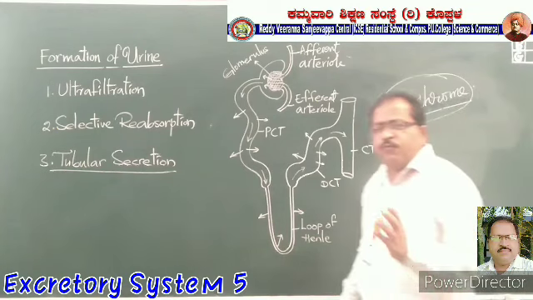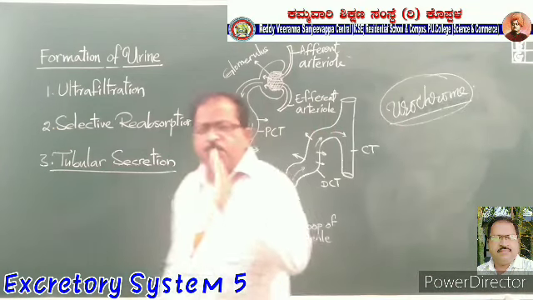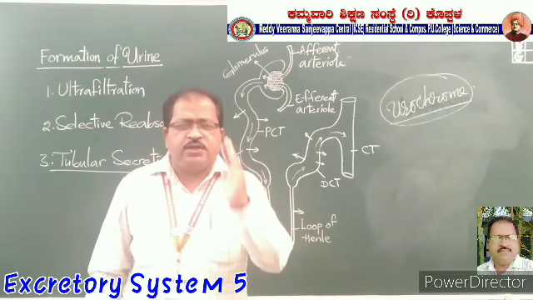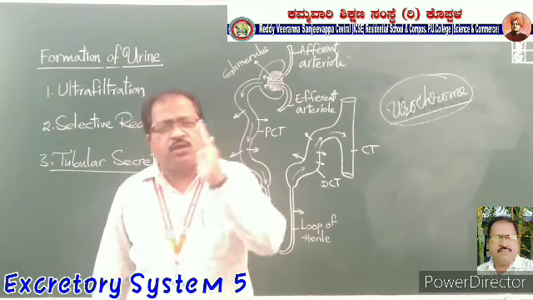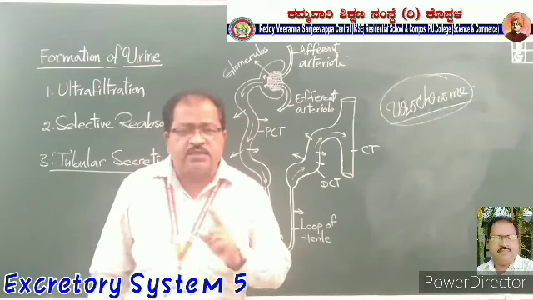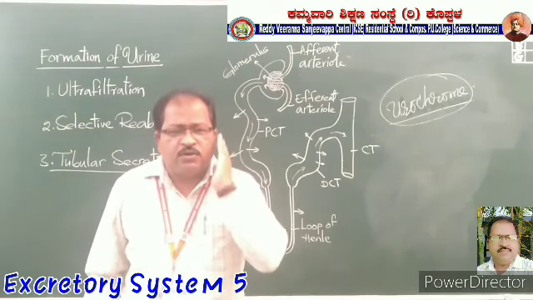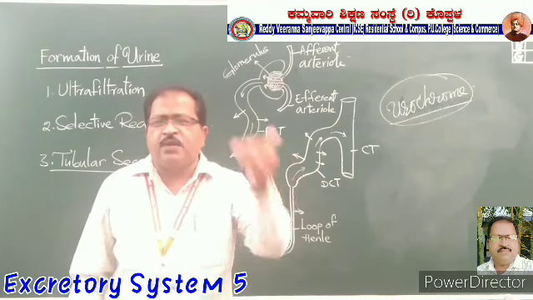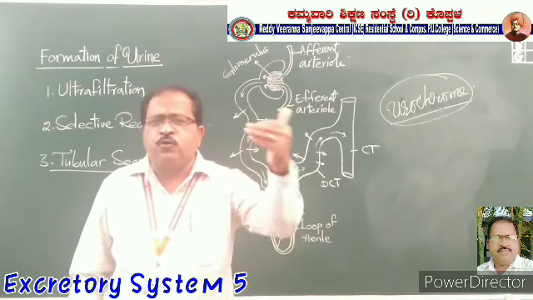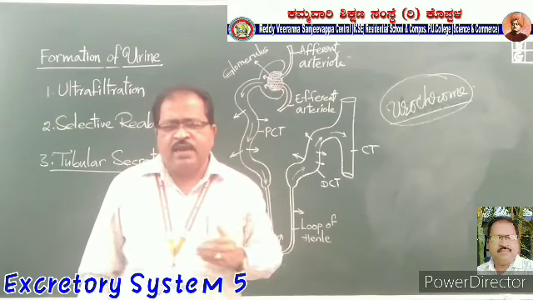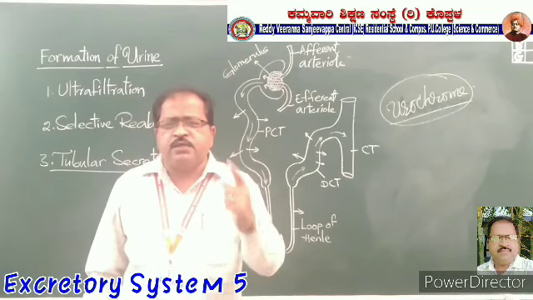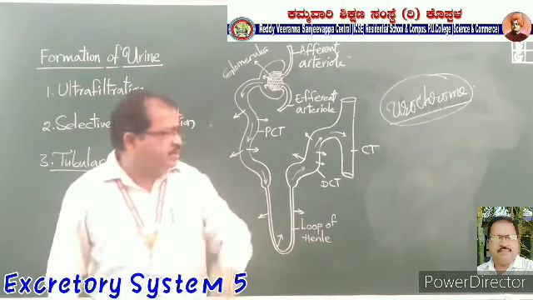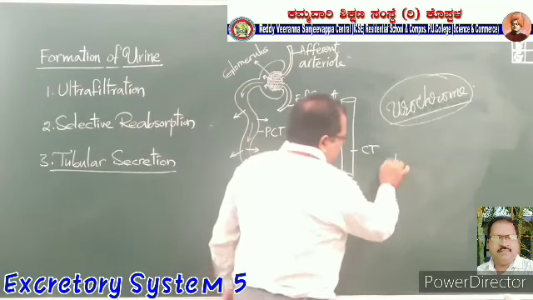But when bile pigments are mixed in, the urine color will be dark yellow, because bile pigments are dark yellow. When they are mixed with urine, the color changes from light to dark. In that condition, the person is said to be suffering from a disease called jaundice.